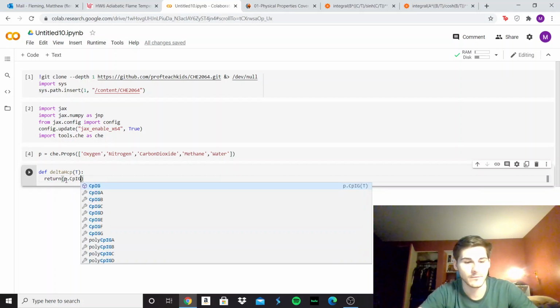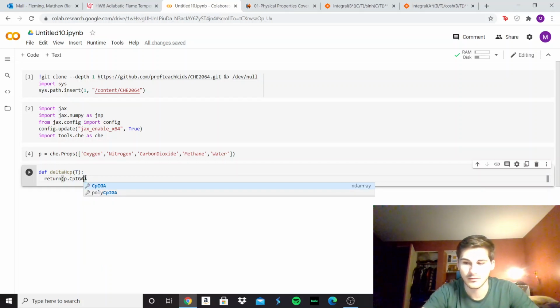And for A, B, C, D, and E, it's all going to be this CpIg term. It's just the ideal gas coefficient for the standard heat capacity.